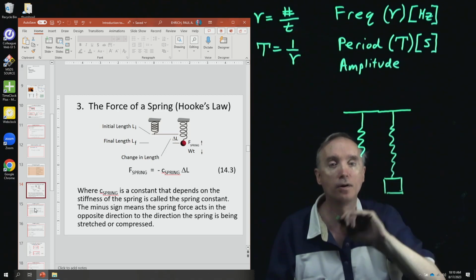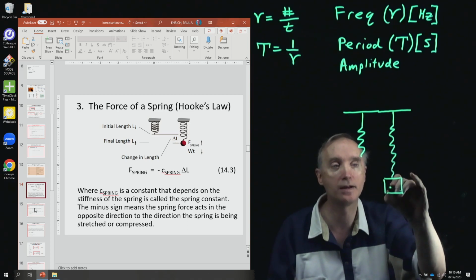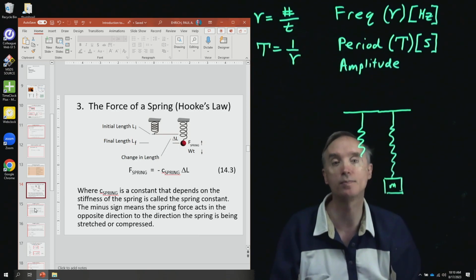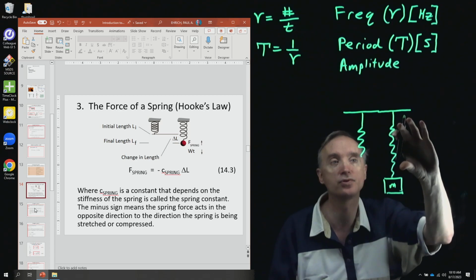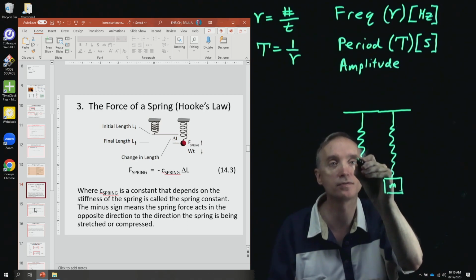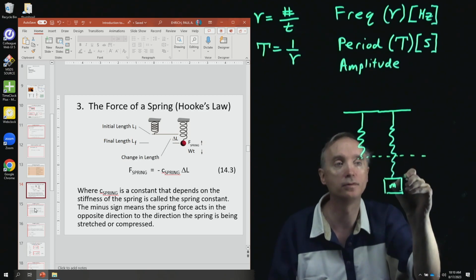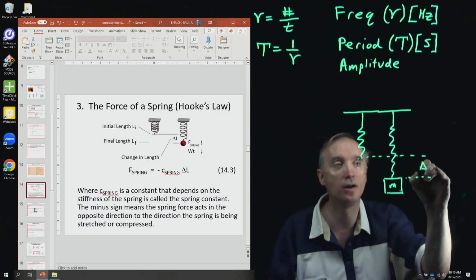So here's our weight, and this is going to have a mass m suspended from it. Notice that it's going to stretch it out a little bit, so that the distance from here to here is going to be delta L.